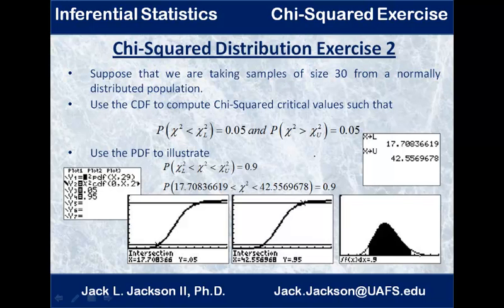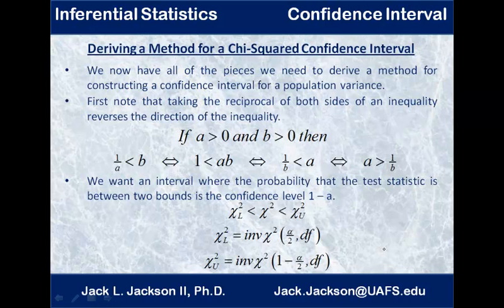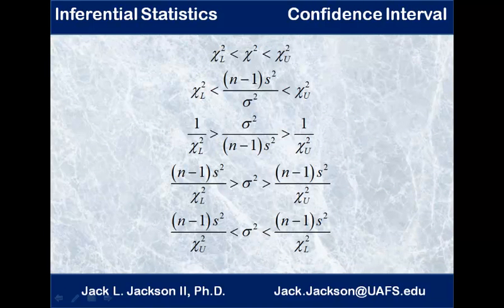So you've got 5% on the right, 5% on the left, 90% in the middle. So this would be for a 90% confidence interval. And we want to find these lower and upper values. The chi-square lower is this place on the left, and chi-square upper is this place on the right, the boundary of that region. That's basically what we're looking for. Okay, now let's look at that.